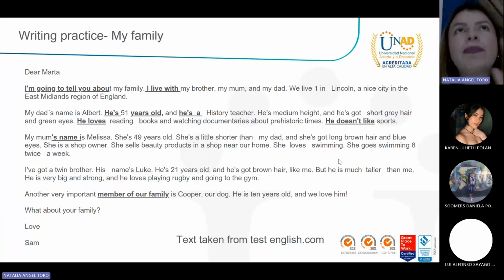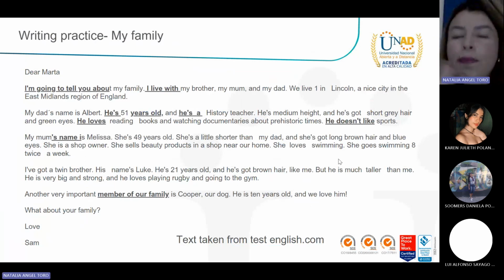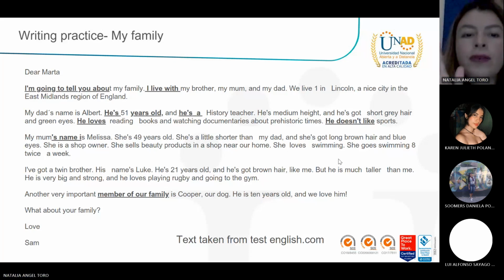Read the short text from your mates to compare, just to compare. I know the time is not enough to write a big text, but try to take some main ideas from this text. Somebody here wants to read?